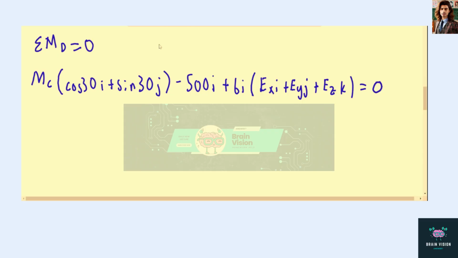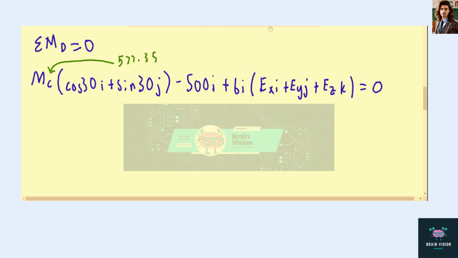And we know what M of C is, so we can plug in the value 577.35 into this term, and we'll be left with just vector components.